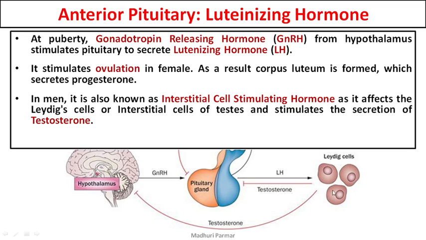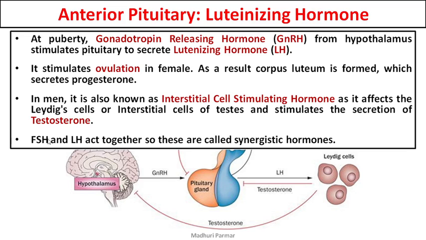Why? Because it affects these Leydig cells or interstitial cells. And what do these interstitial cells do? They secrete testosterone. So indirectly or directly, you can say that it is causing the release of testosterone as shown here. Clear? FSH and LH act together, and so they are called synergistic hormones. They are sister hormones, they act together.